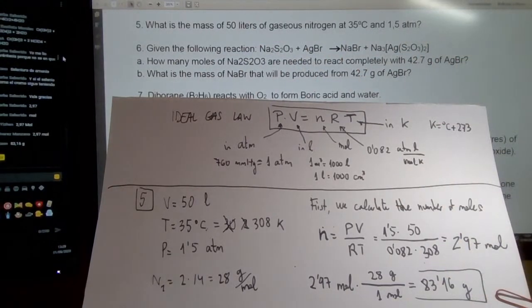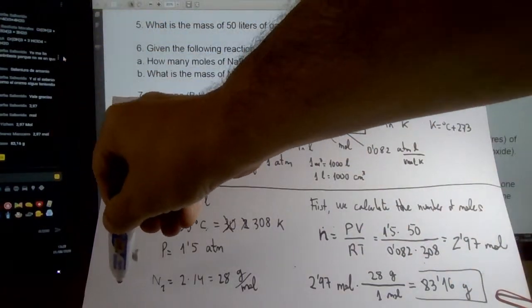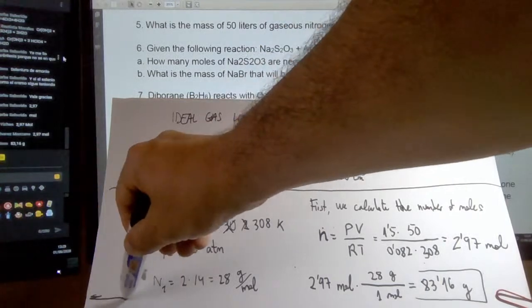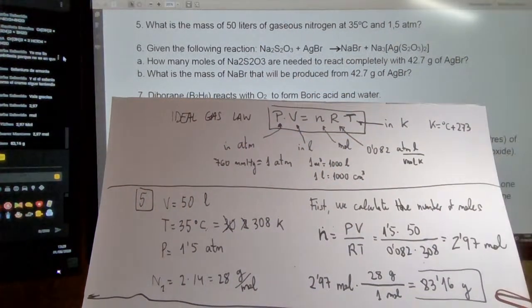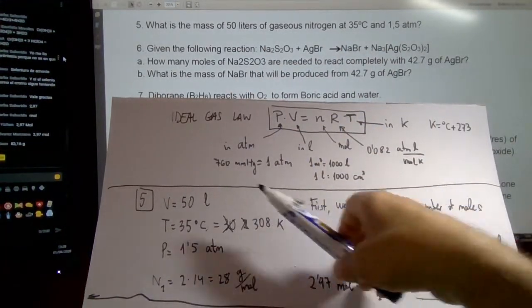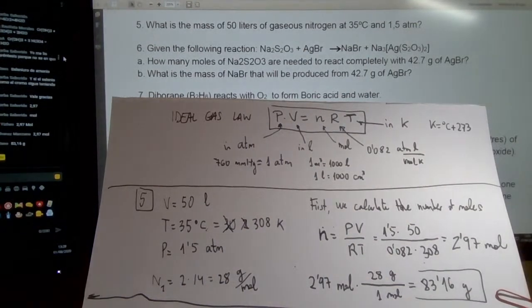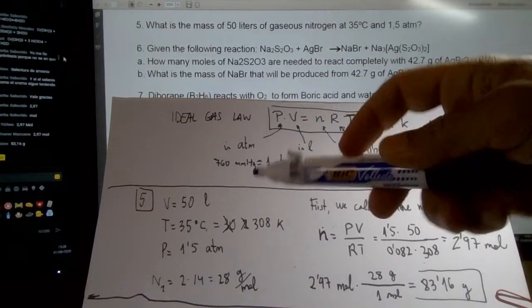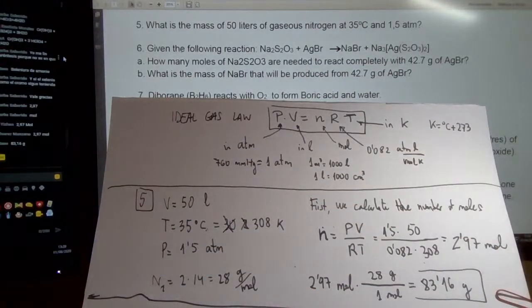This is number 5. It allows us, when we have gases, to convert from number of moles to volume, or from volume to moles, using the pressure and temperature conditions.